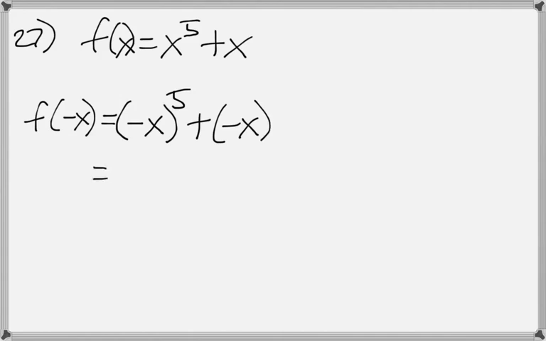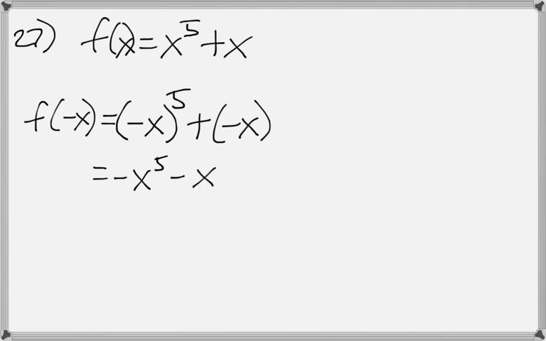If I simplify this, the negative sign raised to the fifth power is still going to be negative, because an odd number of negatives remains negative. And then this will be minus x.